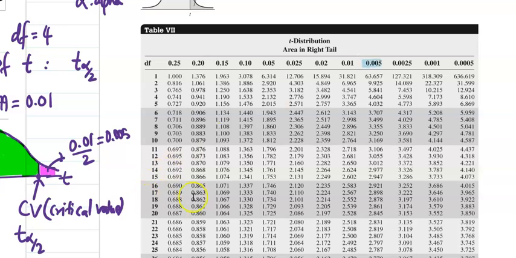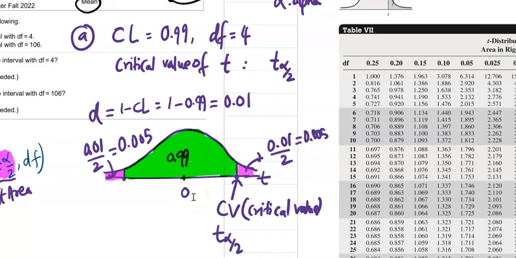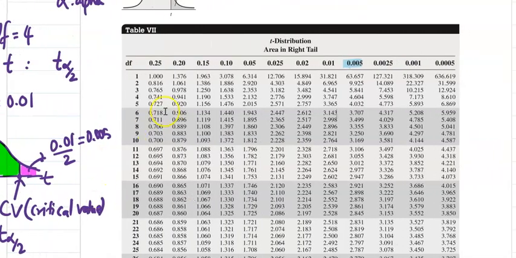So look at the degree of freedom. What's the degree of freedom? It is 4. So 4 is here. You go this way, and 0.005, they meet at this point here. So this value here is the critical value. To find the critical value using the table, it's pretty easy.